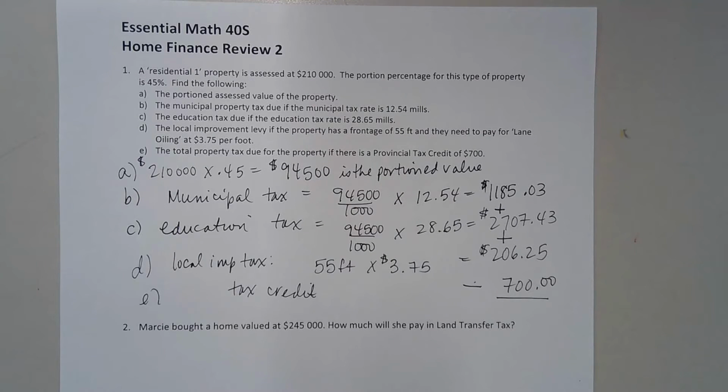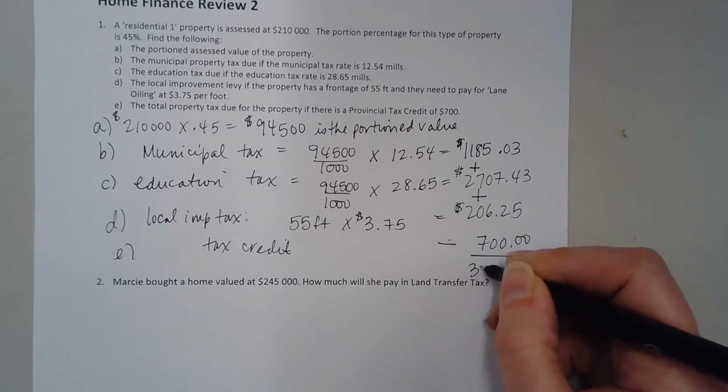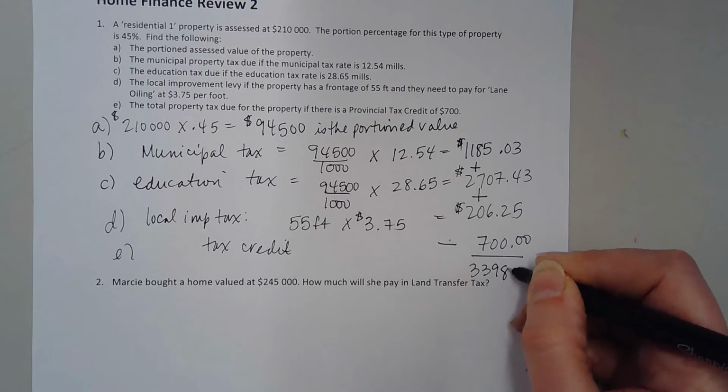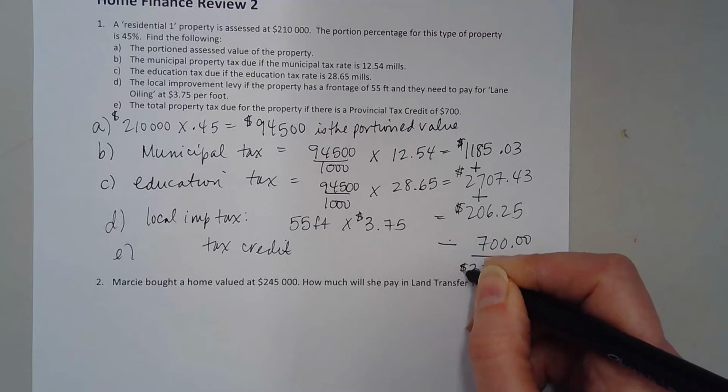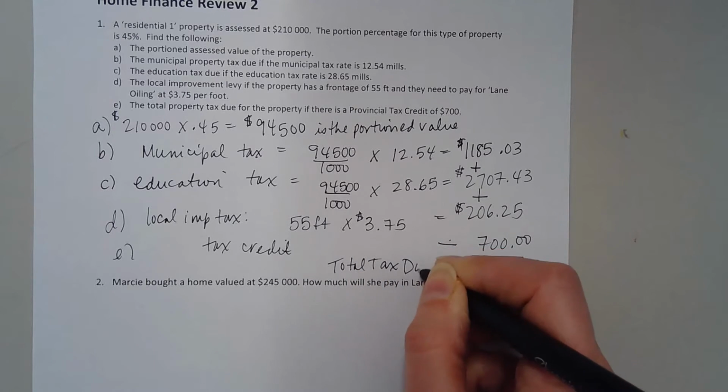So that leaves me with 3398.71. Yeah. And that is her total tax due, I guess. That's her total bill.